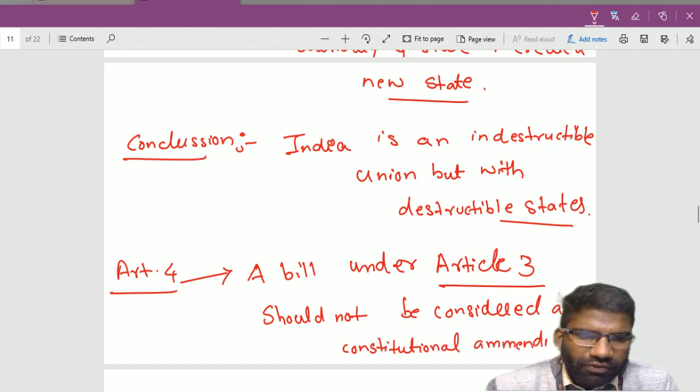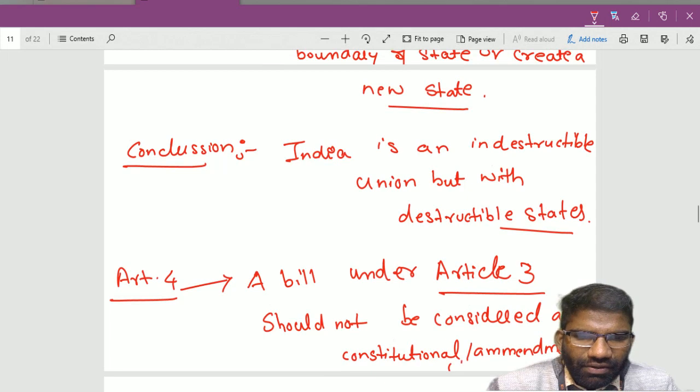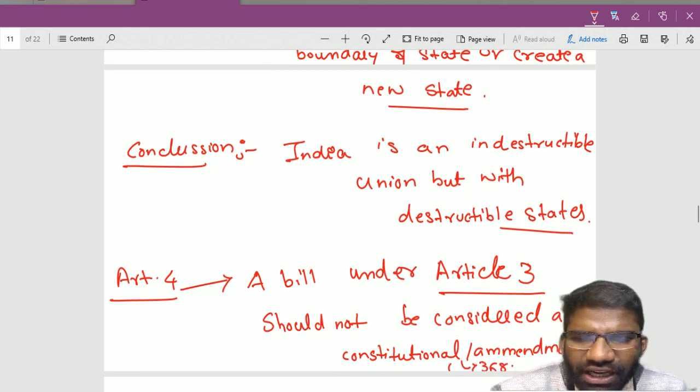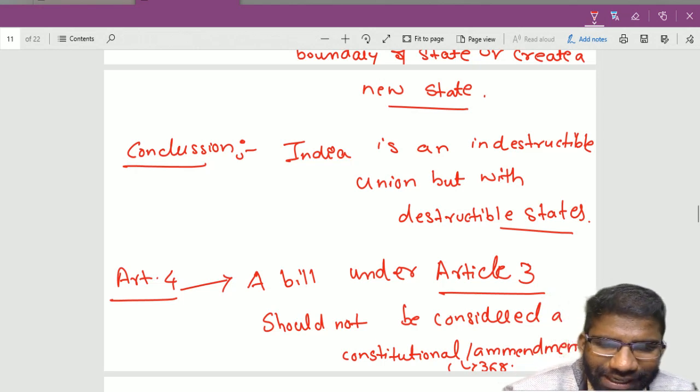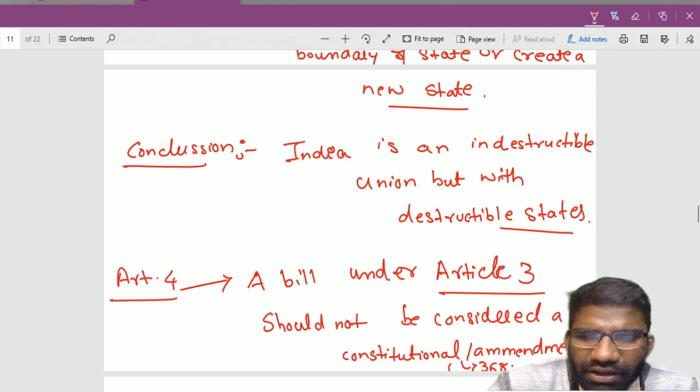Because for amending the constitution, we need special majority under Article 368. But if every time we create a new state it were a part of a constitutional amendment, the process of creating a new state would become more complicated. That is, by adding a new capital, new aspects would have to be added to the Indian constitution. So Article 4 justifies that a bill passed under Article 3 should not be considered a constitutional amendment bill under Article 368.